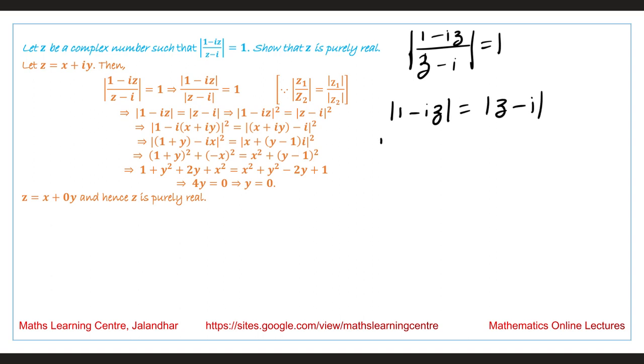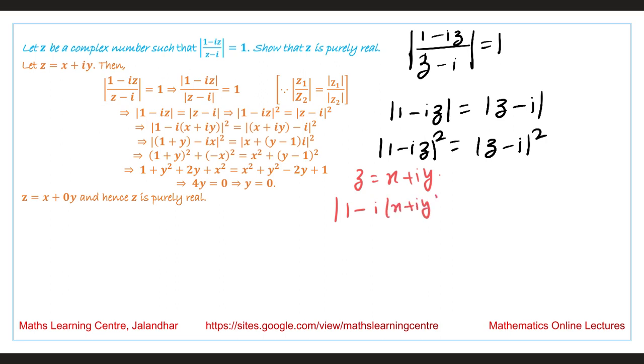Now if we square both sides, we obtain mod of 1 minus iota z whole square is equal to mod of z minus iota whole square. If we substitute z equal to x plus iota y, then we have mod of 1 minus iota into x plus iota y square is equal to mod of x plus iota y minus iota square.